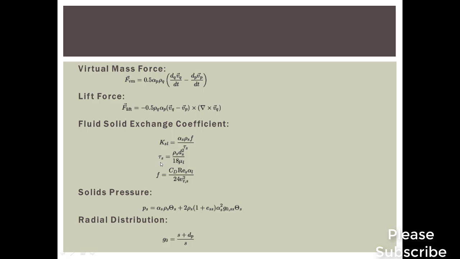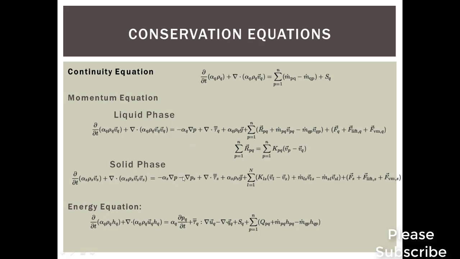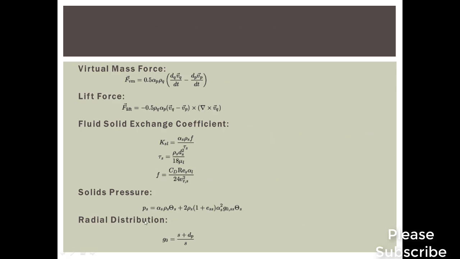And tau is the shear stress that is defined in this way. The solids pressure, what I have mentioned in the previous slide. So this is the solids pressure, PS. It mainly depends on this theta, theta S. This theta S is nothing but the granular temperature.